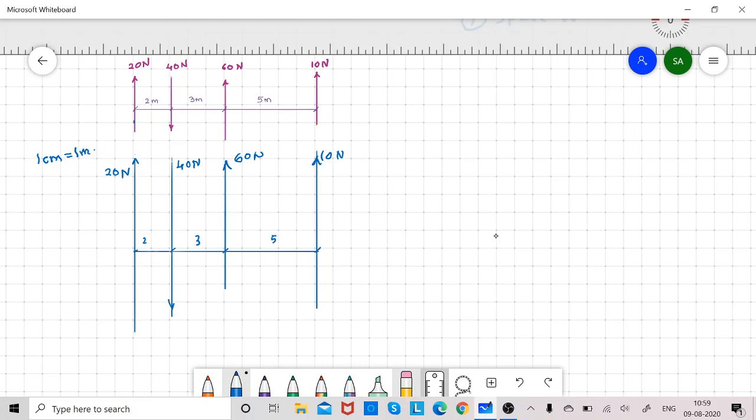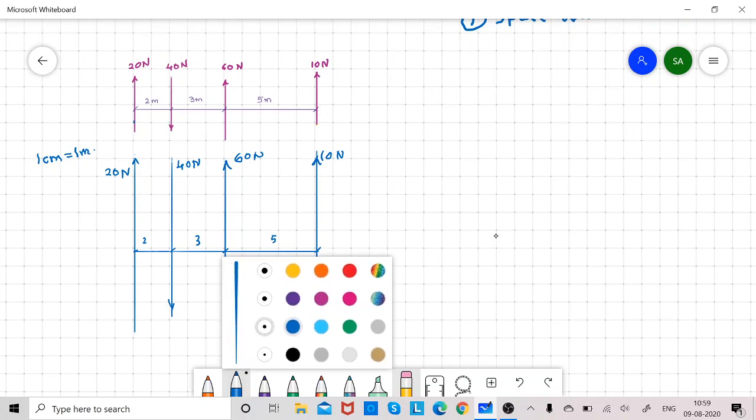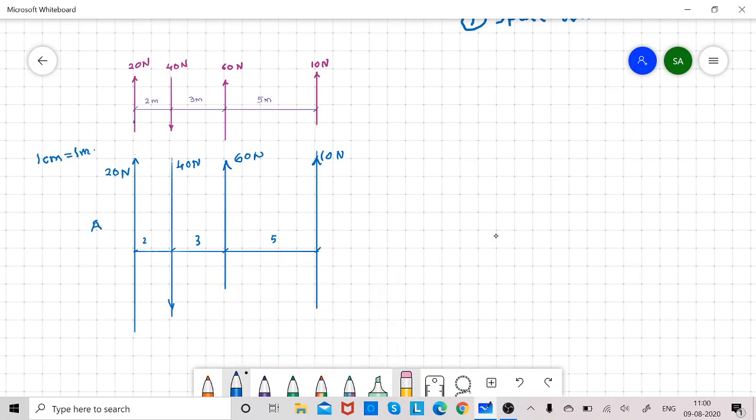Now according to the Bow's notation, I will note down the forces. The space on the left side of the first 20 Newton force is the A space. This is the B space, the space between the 20 Newton and 40 Newton forces. This is the C space. This is the D space. And this is the E space.